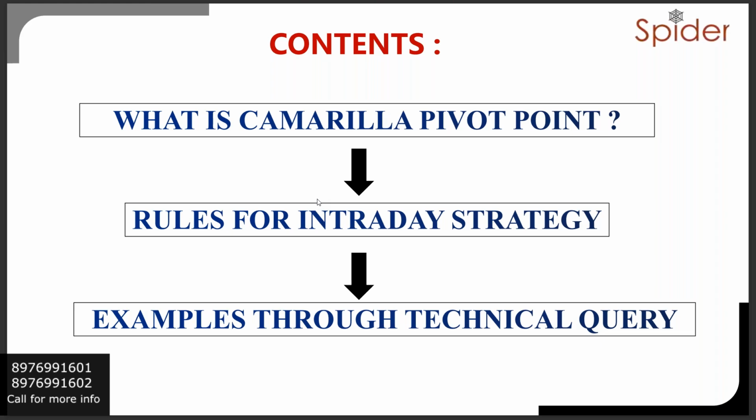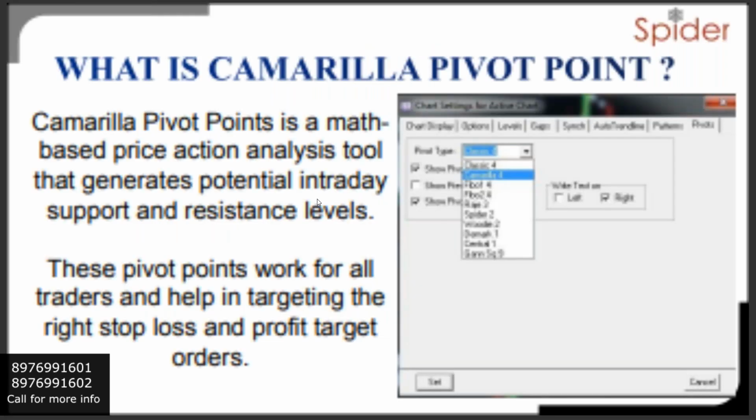First, why I've selected the Camarilla pivot point: I think it's underrated, because everyone in the market is following the standard pivot points, but Camarilla pivot points can be used for a trending market. So, what are Camarilla pivot points?